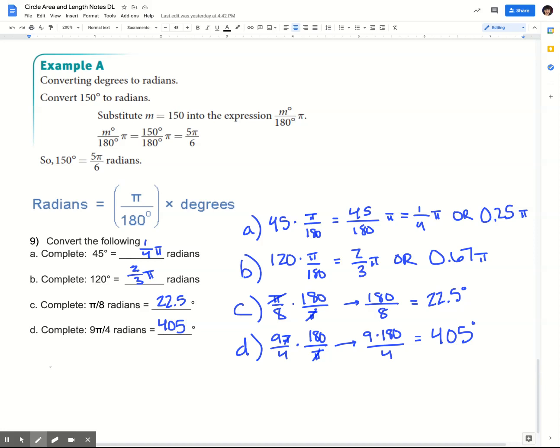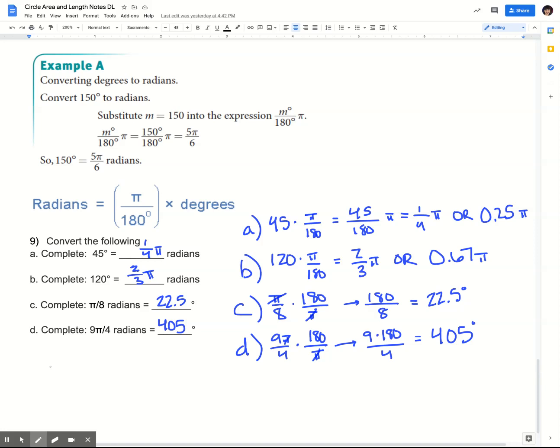Okay, and then part D was slightly tricky, right? It just had one little extra step, because you had 9 pi over 4. So the pi's still cancel each other out, but you have a 9 in the numerator rather than a 1, right? So you have to do 9 times 180 divided by 4, which is 405 degrees, which I know is more than the number of degrees in a circle.